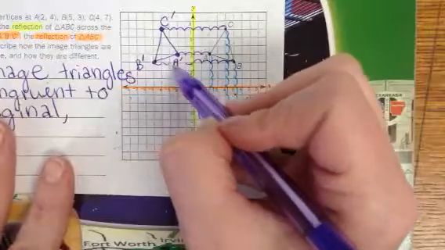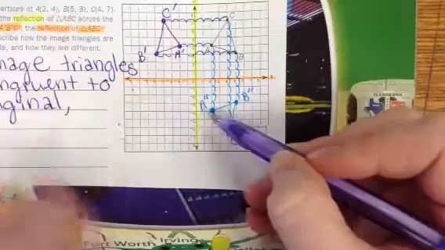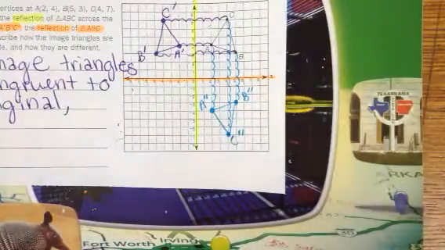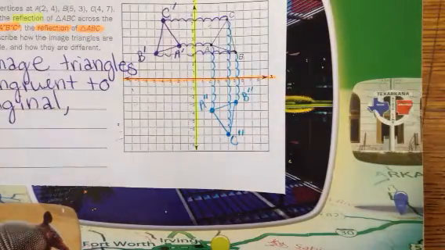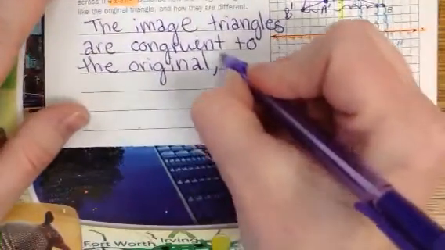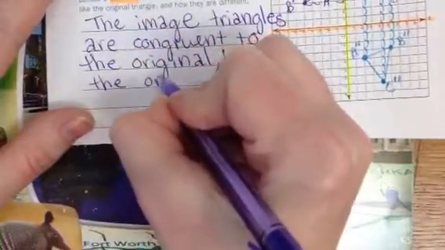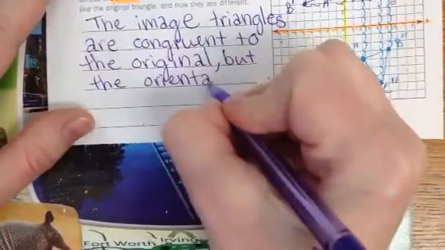Now it doesn't slant down that same way anymore, and this doesn't even have AB on the bottom. So even though they did have something in common, they were congruent, I'm going to say the orientation is different.